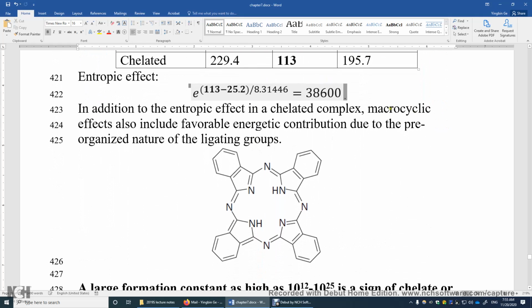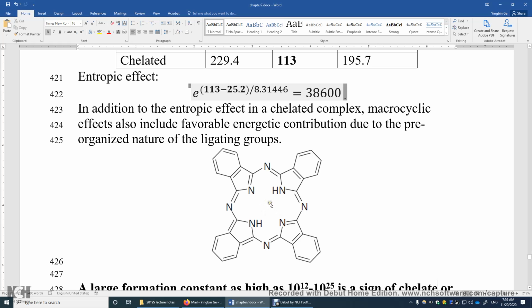Now let's talk about the macrocyclic effect. So you're looking at a very large ring here. When a transition metal forms a complex with this kind of macrocyclic ligand, indeed there's also a very significant entropic effect. But in addition to that, there's also an energetic effect.